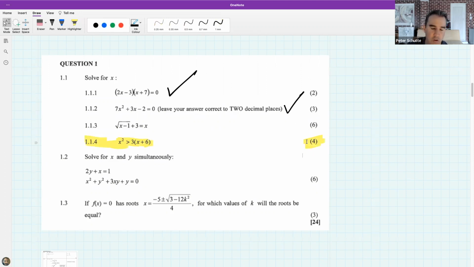And I want you to solve that inequality for me. And then we'll go on to another one that I choose that is most helpful for us.